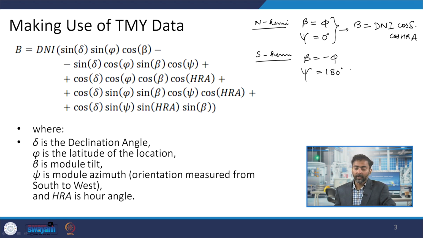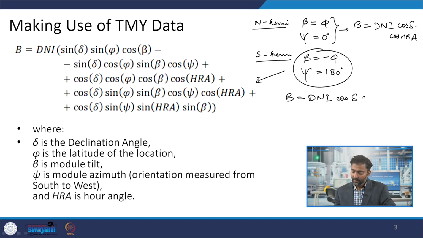So I hope you would have tried this interesting simplification, and if you implement these two assumptions in this particular equation, then this equation again simplifies to the same equation B equal to DNI cos delta cos HRA. You can try it for yourself if you have not done already.